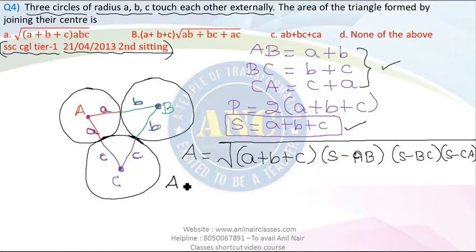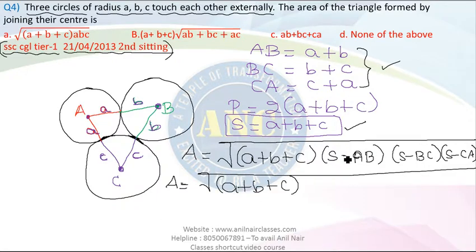If I further simplify, this A is nothing but area, sir. Don't get confused with this center A. So this is square root of s into s minus AB. S is a plus b plus c minus of a plus b. A plus b and minus of a plus b cancel. You are left only with c.